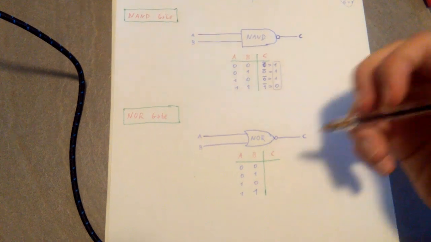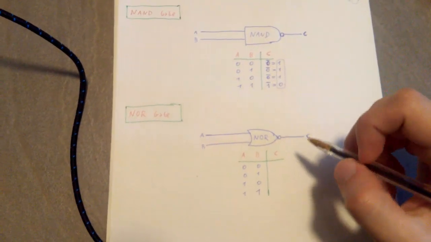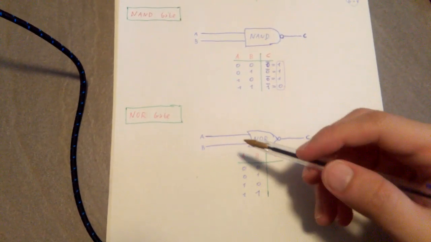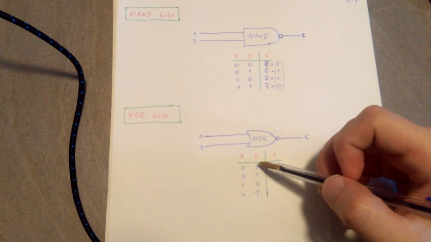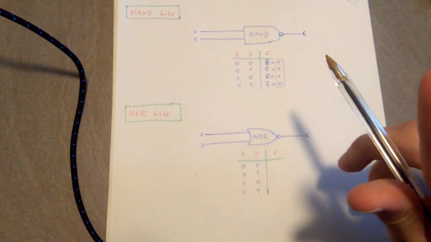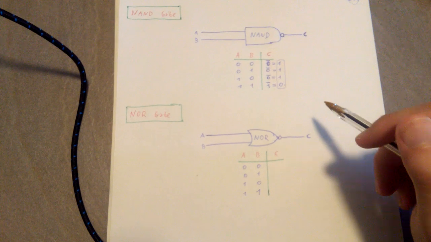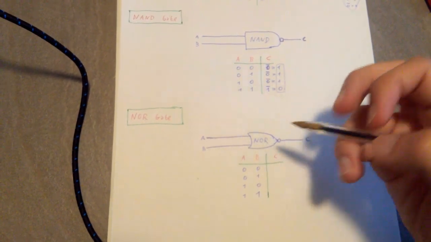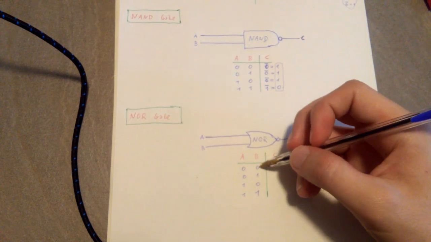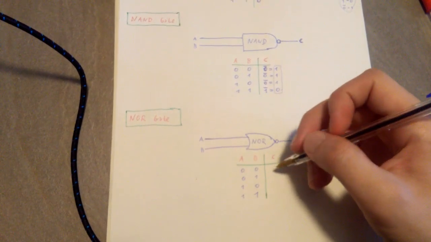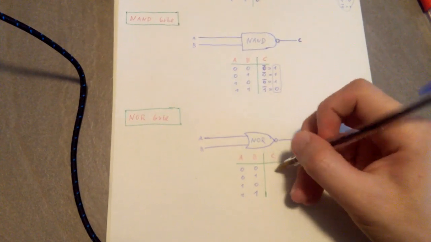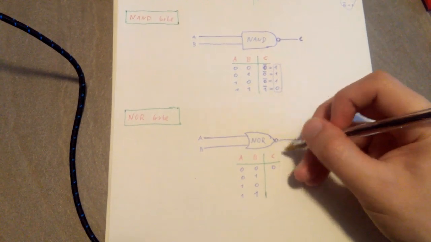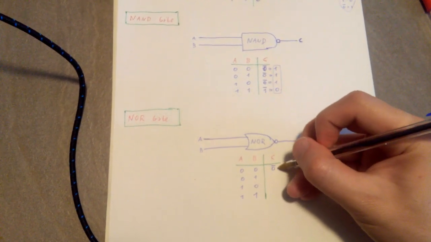Well, an OR gate basically says that if at least one of them is 1, then the output is 1. But we have a NOT here, so it's going to be the inverse of that. So 0 and 0, both of them are 0, so none of them is 1, so the output will be 0, but we have an inverse, so NOT 0, which is 1.